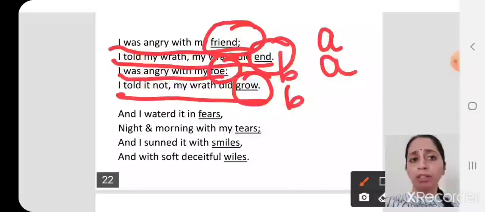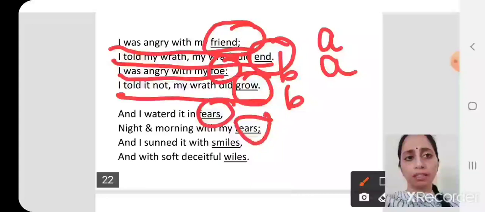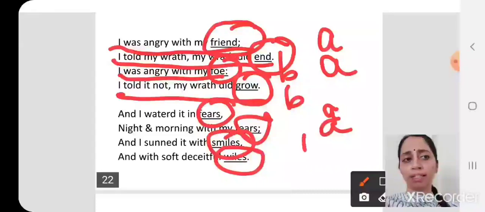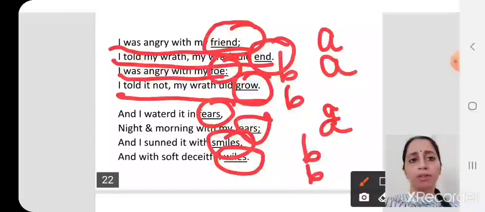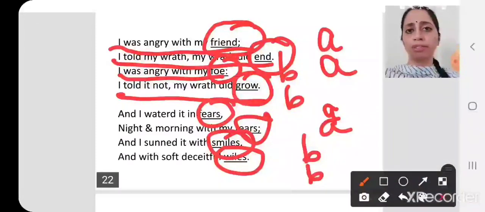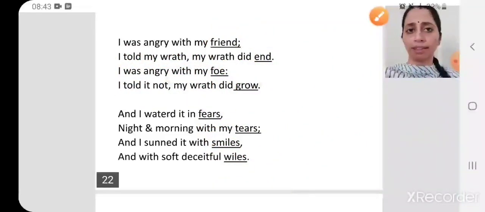And I watered it in fears, night and morning with my tears. Again, fears, tears. It is A, and I sunned it with my smiles, with soft deceitful wiles. That makes it B. Clear? So what is the rhyme scheme of the first two stanzas? It is A, B. Clear?